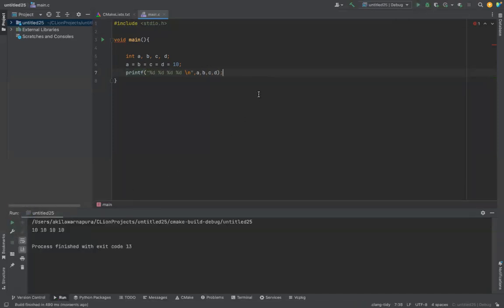You are providing 10, 10. That means you assign 10 to all the variables and it prints 10. And what was your question? For all the values A, B, C, D, it prints 10. Okay, it prints 10, which is correct.